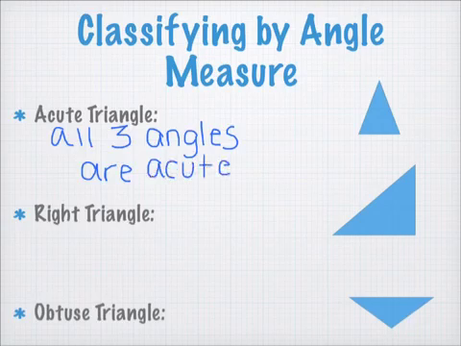Okay? All three angles are acute. What's a right angle? It adds up to 90 degrees. Not adds up, it is 90 degrees. Okay, so a right triangle has to have one right angle.